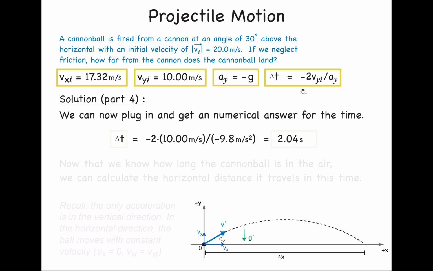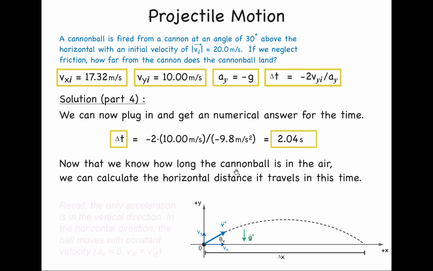And then we divide that by the pull of gravity, 9.8 meters per second squared. Plugging it all in, we get 2.04 seconds. So that's how long the ball is in the air when we analyze the vertical direction. But because time is time, that's also how long it's in the air when we analyze the horizontal direction.